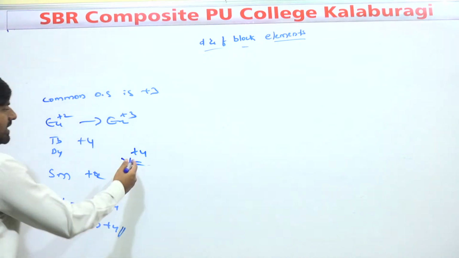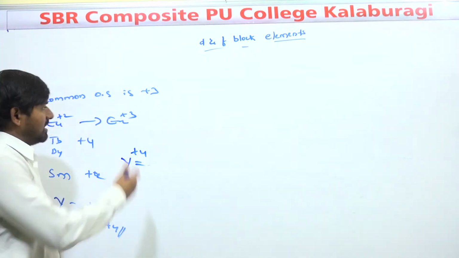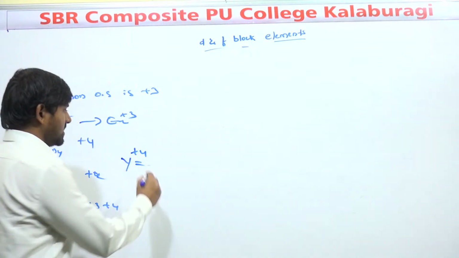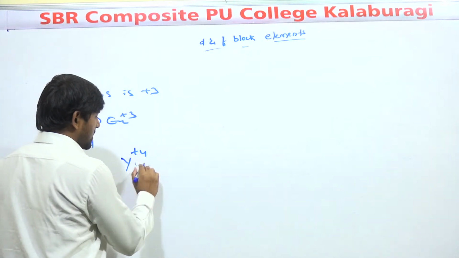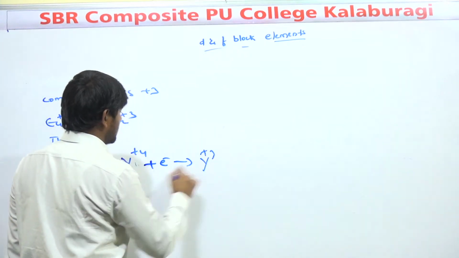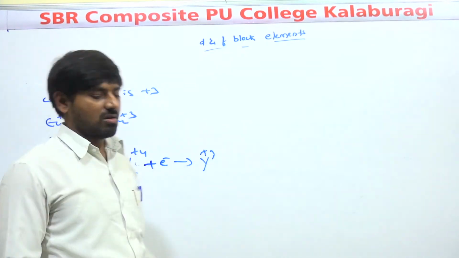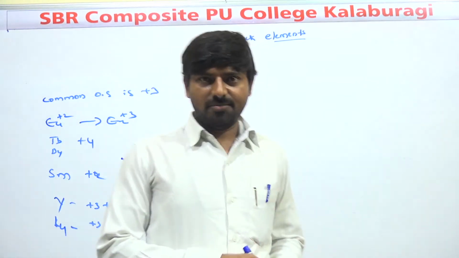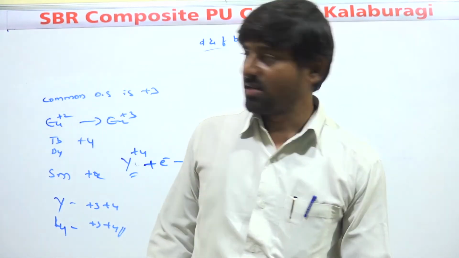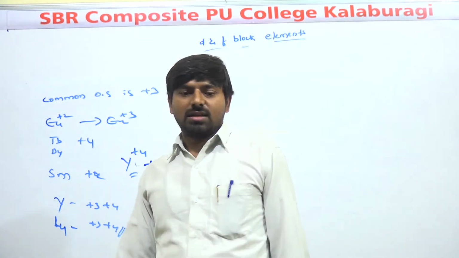Right? When it is in the +4 oxidation state, it will accept one electron if there is someone to donate and convert into +3, so it is going to act like an oxidizing agent. Right? So this is about the oxidation state of lanthanides.